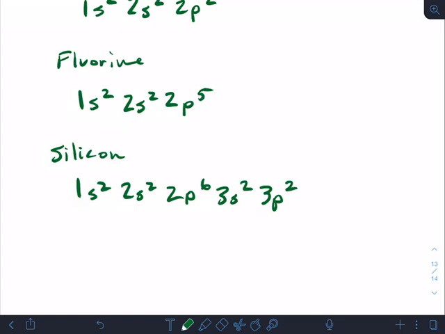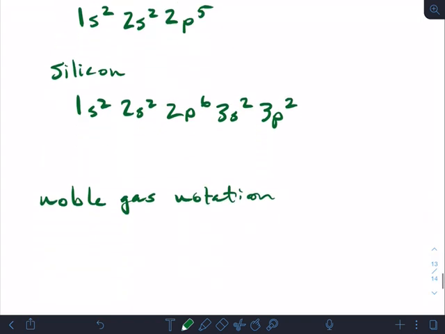Right? Now, you can imagine as we go along, this gets worse and worse, and these get longer and longer the farther down the table we go. So we have a thing called the noble gas notation. Okay? So what I can do is, this piece is the electron configuration for neon. All right? And the way I usually write this is I'll put it in a bracket.